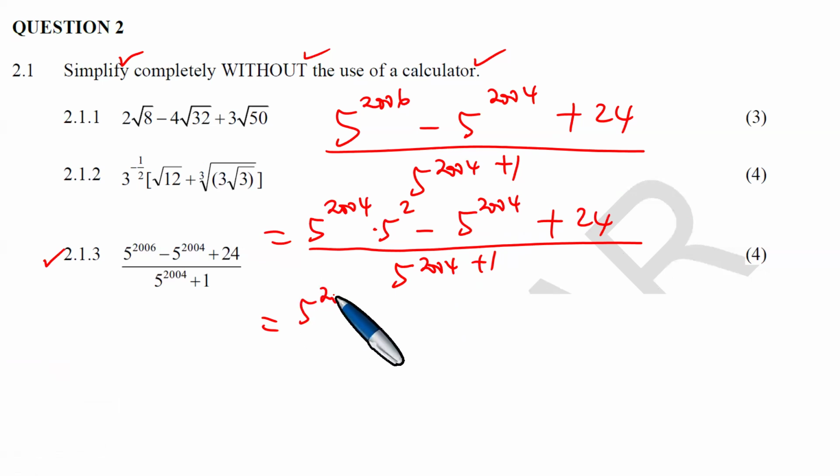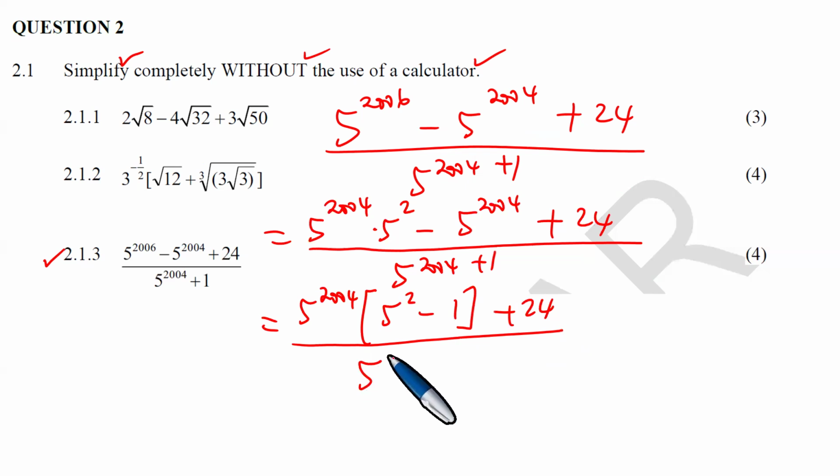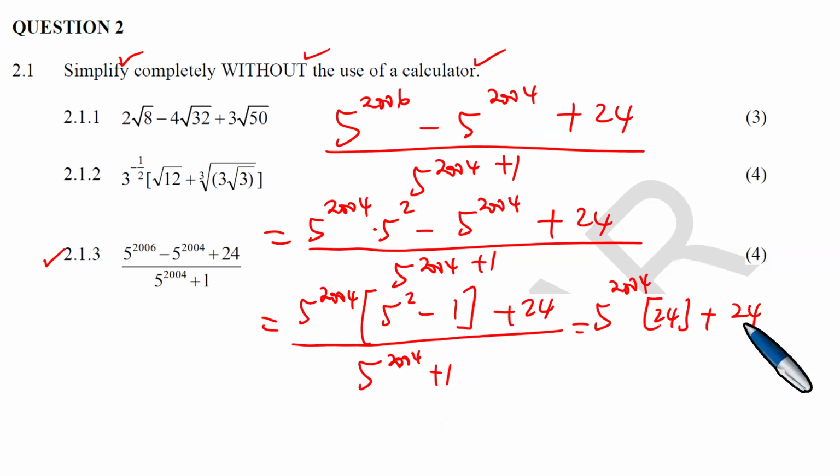Let's take out the highest common factor, 5 to the power 2004, and then we have 5 squared minus 1 plus 24, and all this is divided by 5 to the power 2004 plus 1. What is 5 squared minus 1? 5 squared is 25, minus 1 is 24, so this gives us 5 to the power 2004 multiplied by 24 plus 24, all over 5 to the power 2004 plus 1.